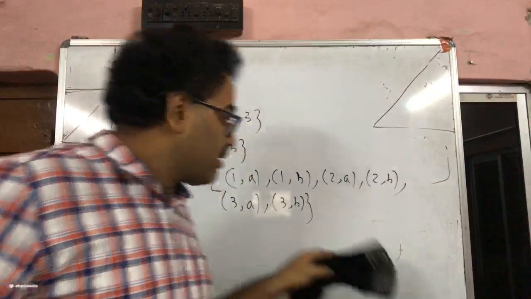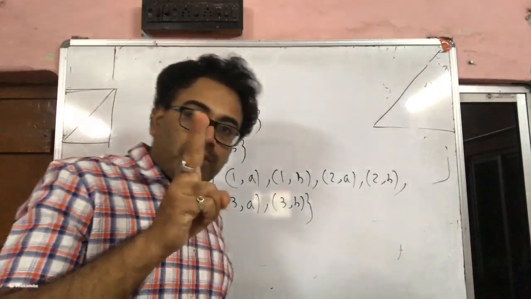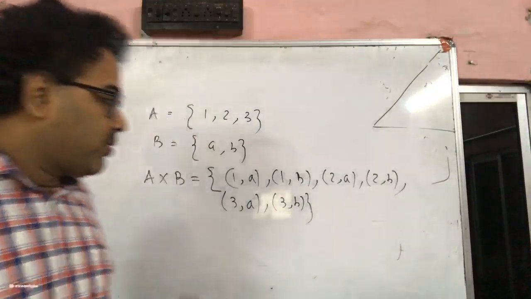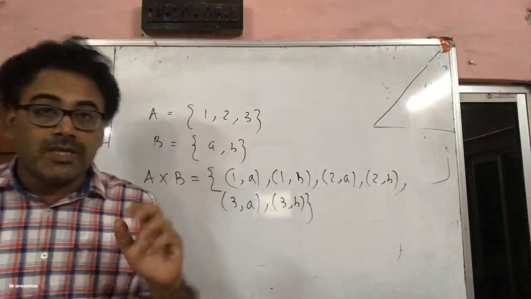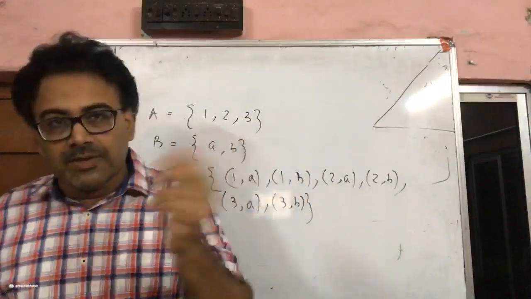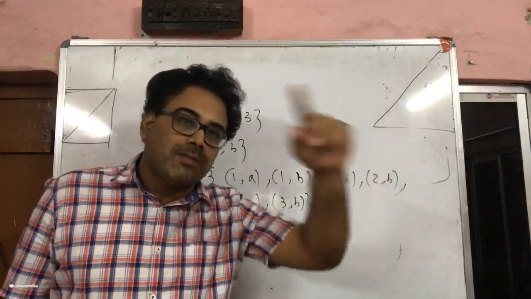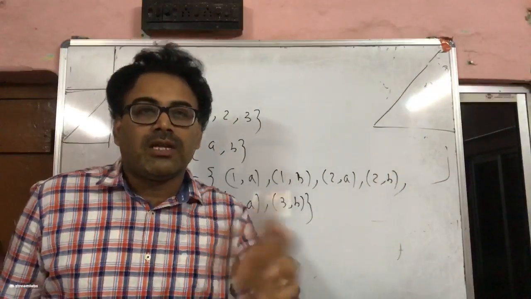Okay, fine. So A cross B is called the Cartesian product of two sets. Now I was talking about the relation between yourselves, like the set of students with the set of students. Suppose Sarthak is related to Samriddho. How are they related?